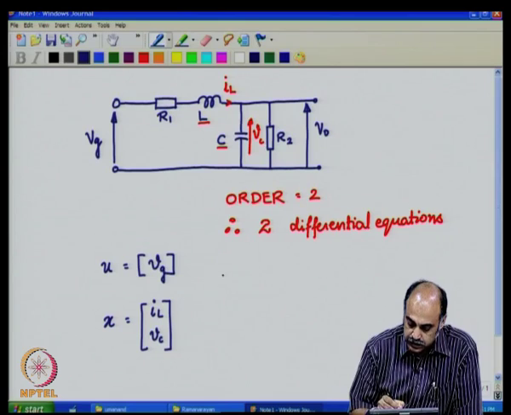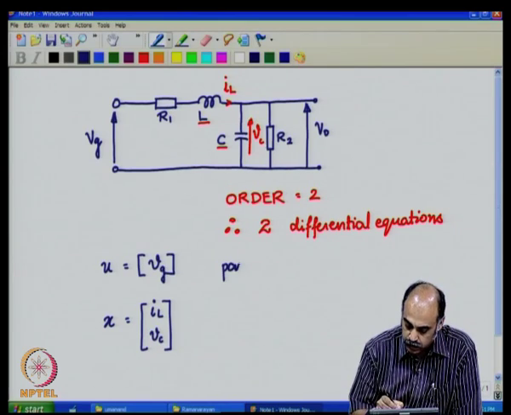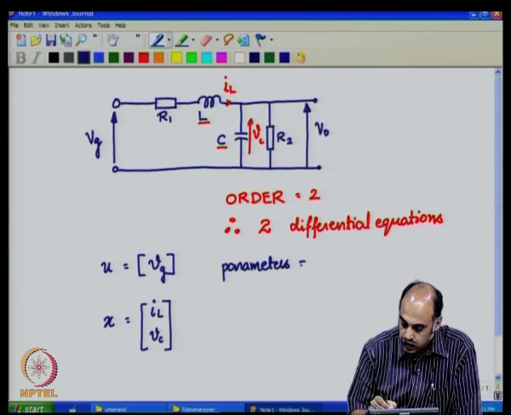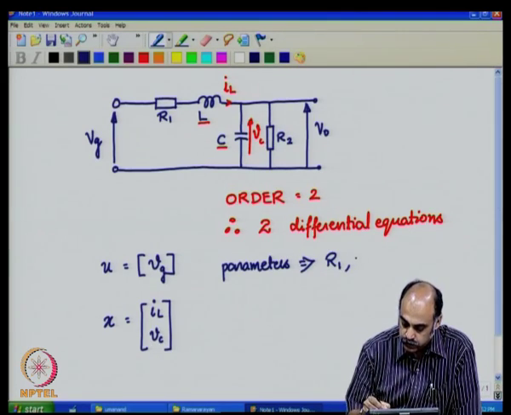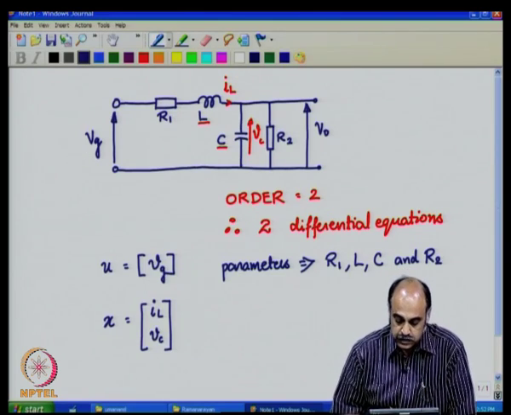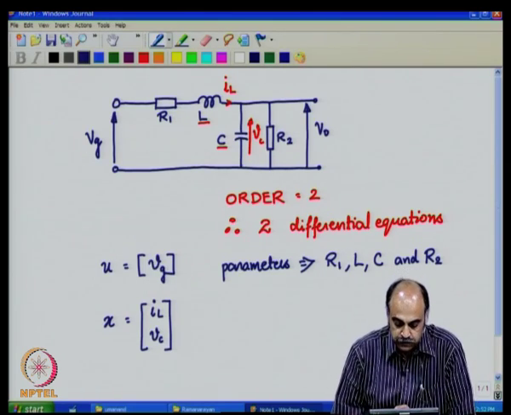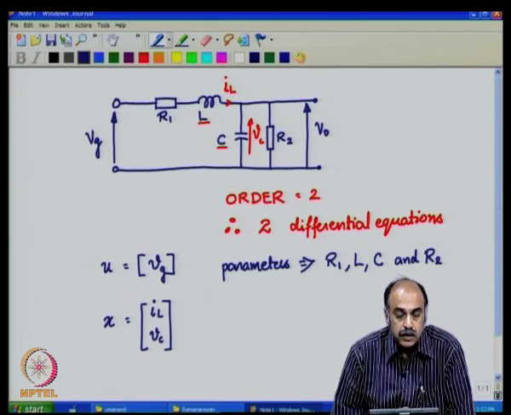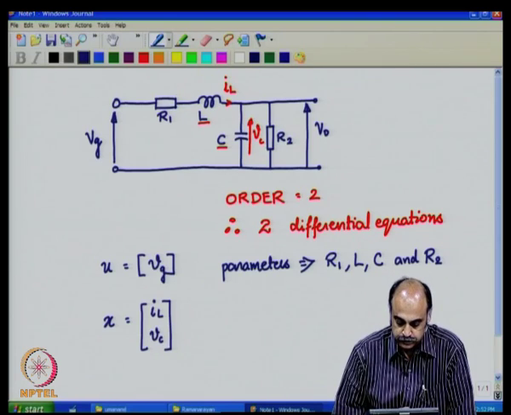And the parameters of the system are R1, L, C and R2. So, these are the list of variables that we will be using and restrict ourselves to in arriving at the state space representation of the above circuit.